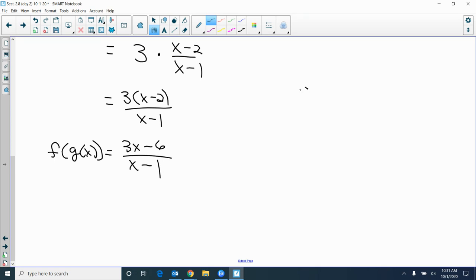Cool, Rose, what was my original f of x? 3 over x plus 1. And what was my original g of x? 1 over x minus 2. Okay, and what did we say? We said we couldn't use x equals 2. Now get to the end of this problem. What can't we use here? Can't use 1. So x cannot equal 1 as well.